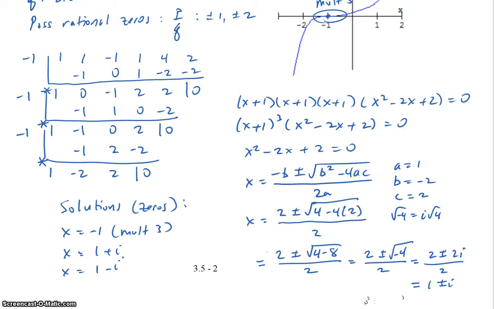So, one real number zero, 2 non-real zeros that are conjugates, a total of 5 zeros if we count the multiplicity of negative 1, that is, if we count negative 1 three times. That's a total of 5, which matches up to the degree of the polynomial in our equation. So that concludes the section 3.5 notes.